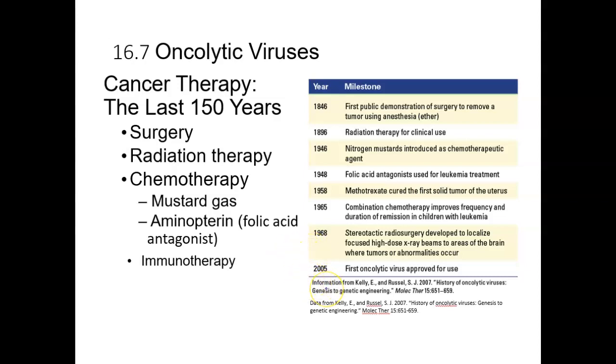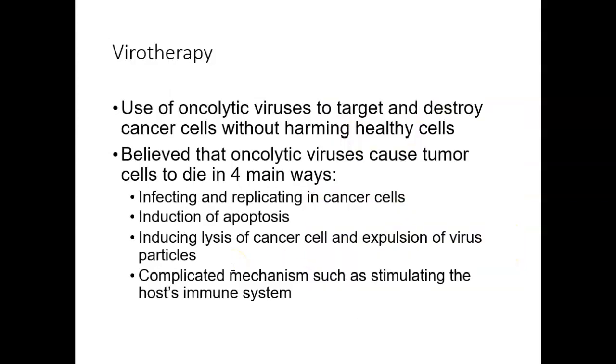And the first oncolytic virus that was approved for use was in 2005. So virotherapy is really using any virus for a therapeutic benefit. So we're going to start off talking about oncolytic viruses, but you could theoretically use viruses for other benefits, like phage therapy.